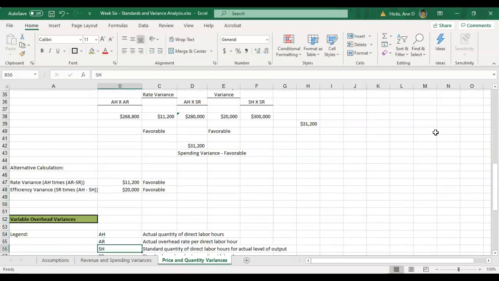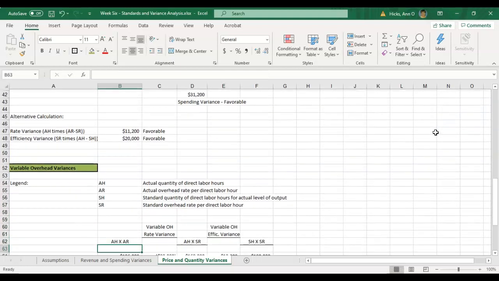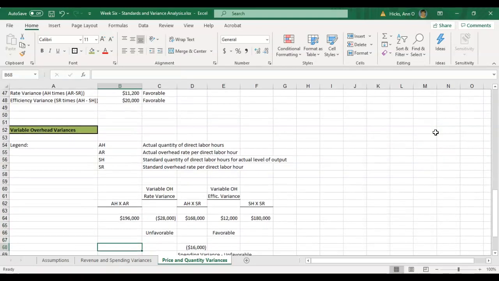All right, this video is getting kind of long, so I'm going to try to rush through the variable overhead variances. The legend is pretty much the same thing. Remember that variable overhead we calculated or we allocated based on direct labor. So our hours or quantity are going to be hours.